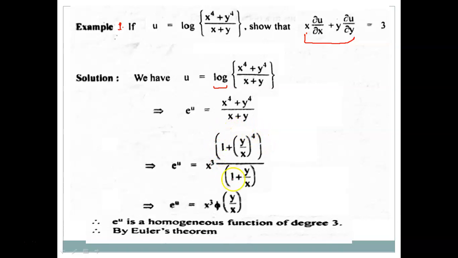So we can write e raised to power u is equal to x cube phi of y by x, meaning a function of y by x. So we can say that e raised to power u is a homogeneous function of degree 3.